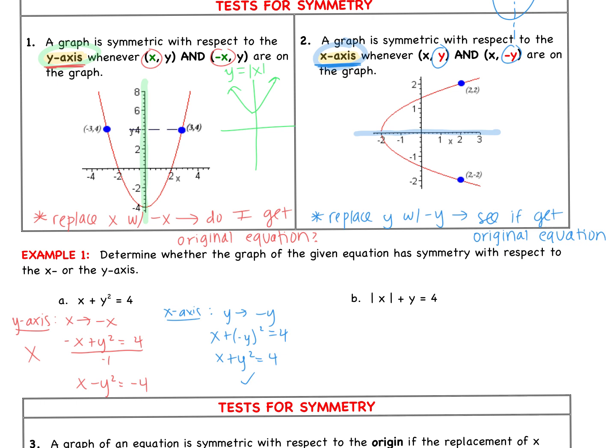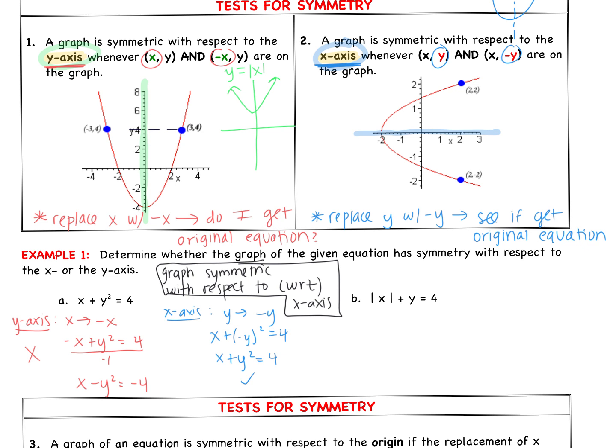Normally, how you would write your answer is you would say the graph is symmetric with respect to, or you can write WRT in place of with respect to, the x-axis. So the graph is symmetric with respect to the x-axis.